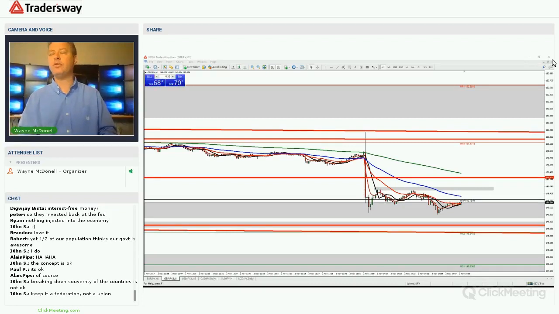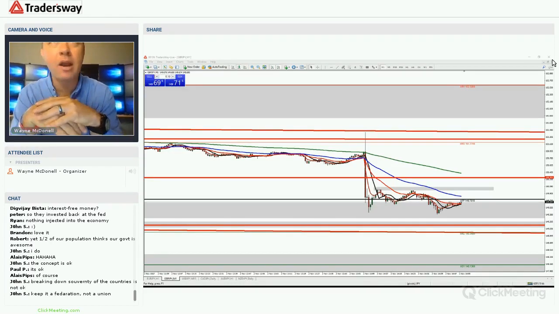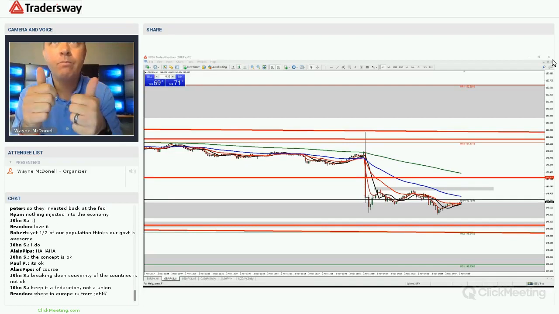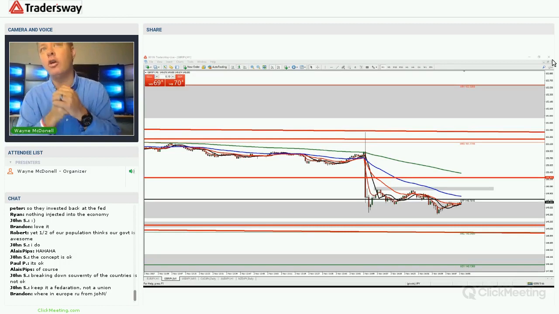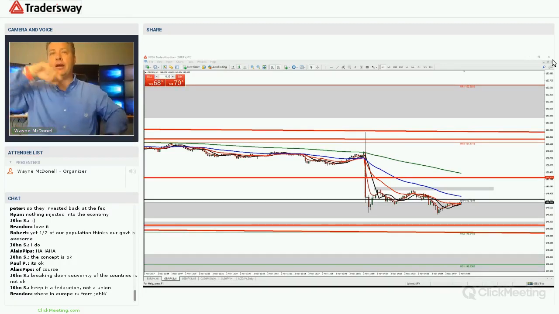I think it was a pretty reasonable thing. I mean, just think of it. He said, I will do whatever it takes to support the euro. And he did. The euro went from way down to way high, right?